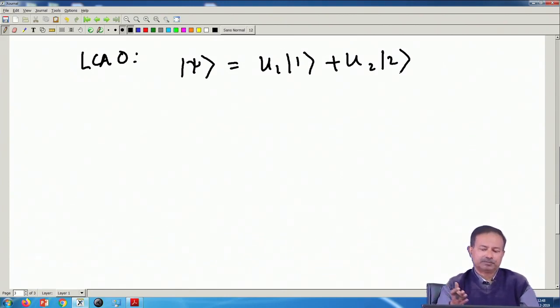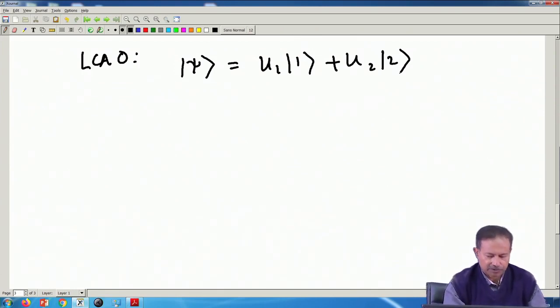Typically people do take them as just the 1s orbitals of the two hydrogen atoms, but it is not necessary, because particularly when the two nuclei start coming closer, that kind of approximation does not hold anymore. But for us, let us just assume that these are the two atomic wave functions centered at the two respective nuclei 1 and 2.